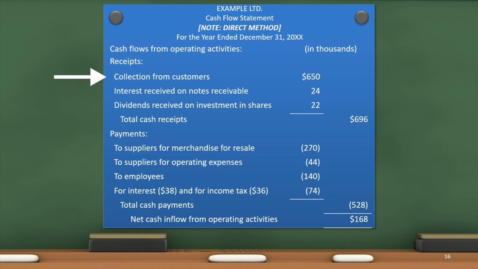Collection from customers is $650,000. The interest received on notes receivable is $24,000. The dividends received on investment in shares is $22,000, and on and on. I'd like you to focus on the very last number. Net cash inflow from operating activities is $168,000.